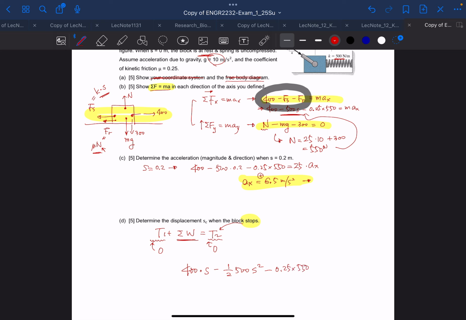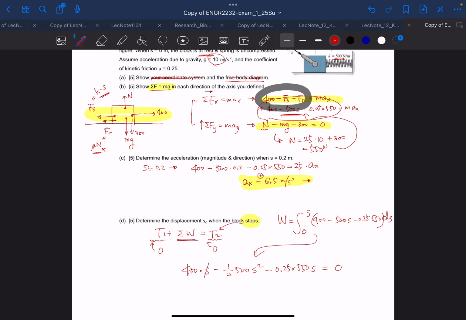I don't have that value, but we just multiply by s, and this basically has to be 0. Or if you want, you can just integrate this guy, 0 up to s, of 400 minus 500 s minus 0.25 times 550 ds. That's going to be the work, right?